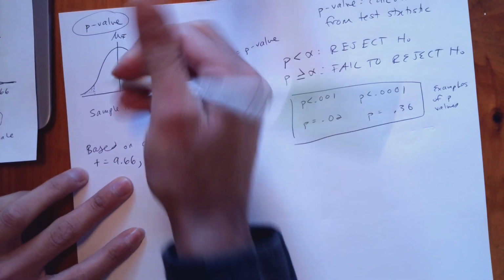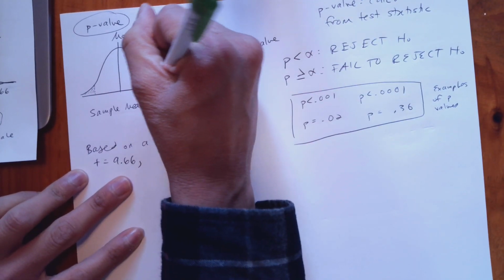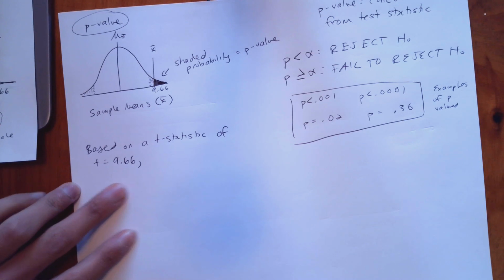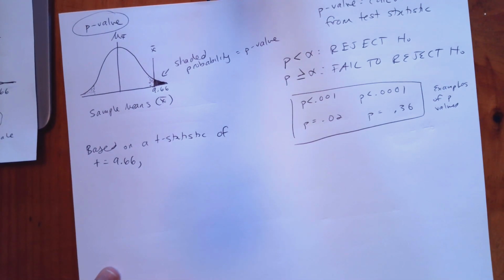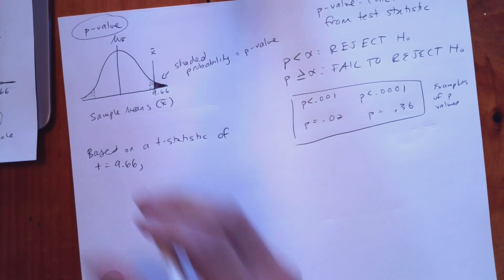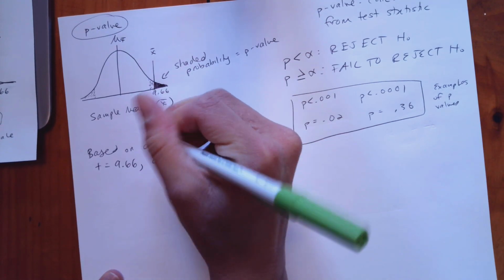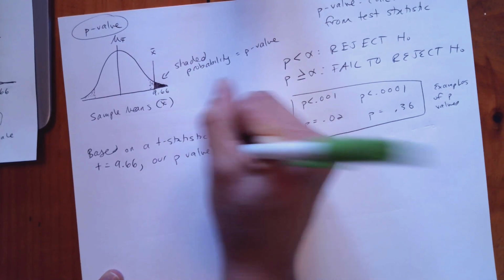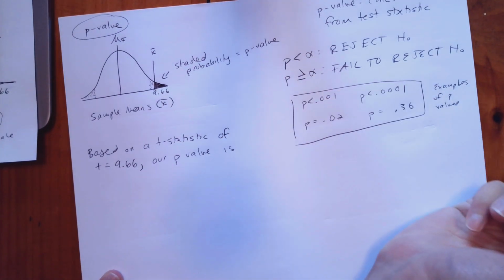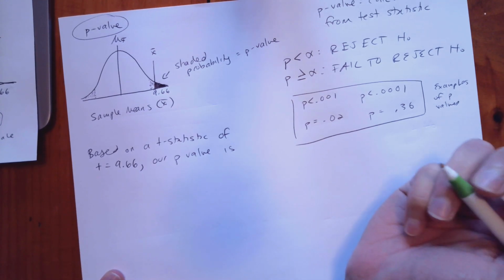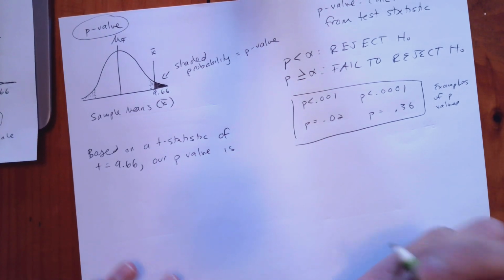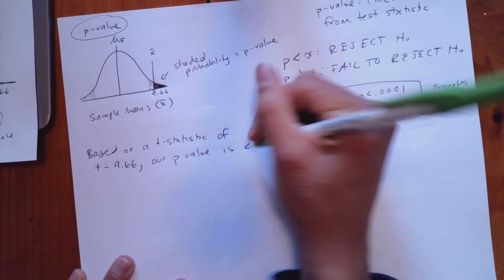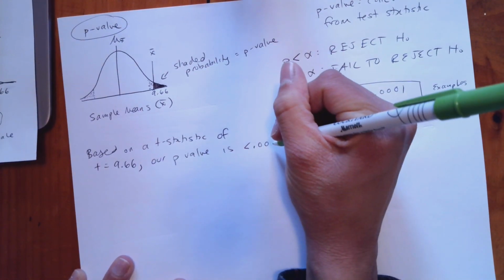So if this here is a t-distribution, this is 9.66. We would say that based on a t-statistic of 9.66, our p-value is very, very, very small. And specifically, it turns out to be less than 0.0001.